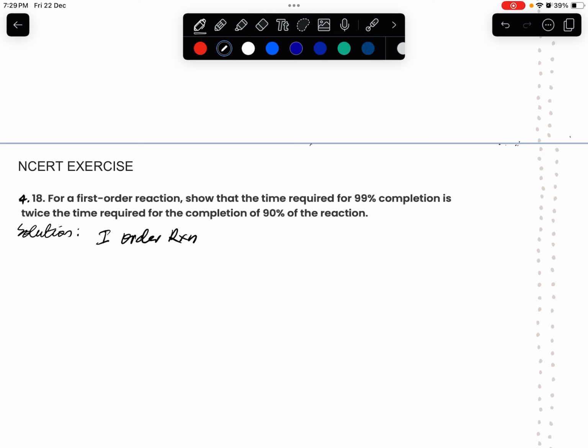For first order kinetics, the equation that we use is, time taken for a particular change is given as 2.303 divided by k log of initial amount divided by amount left at a particular time. Now we have to make a supposition to make our calculation easier.